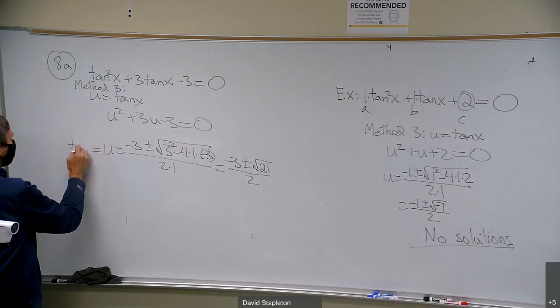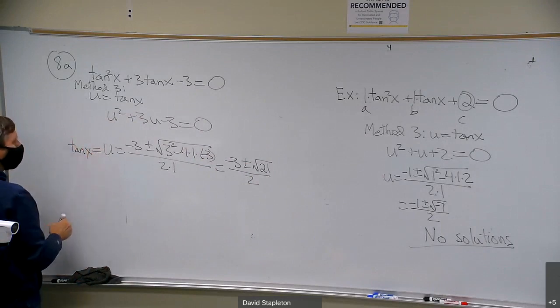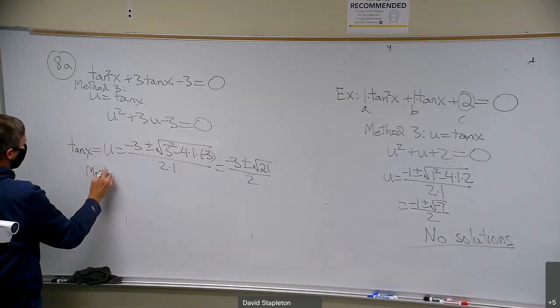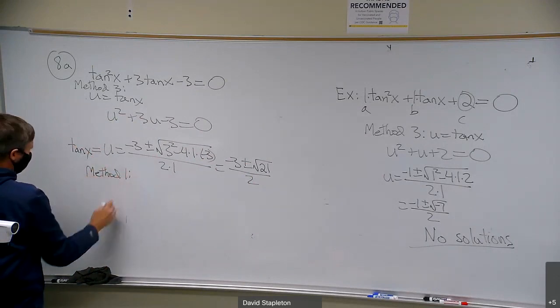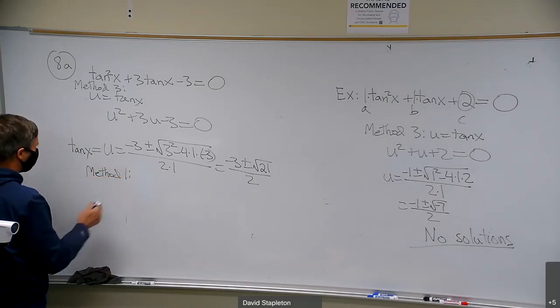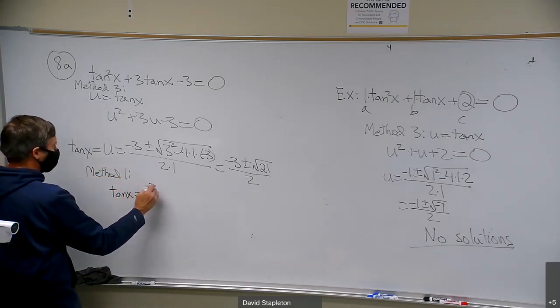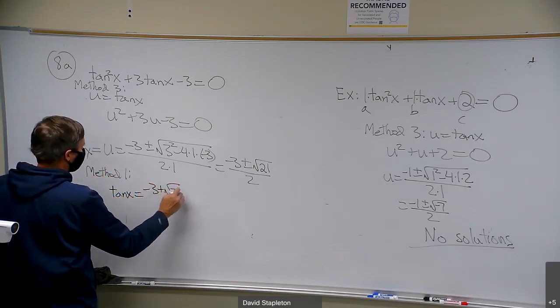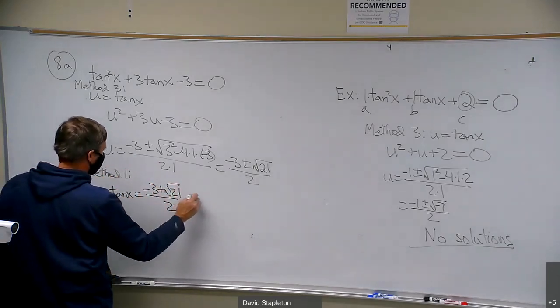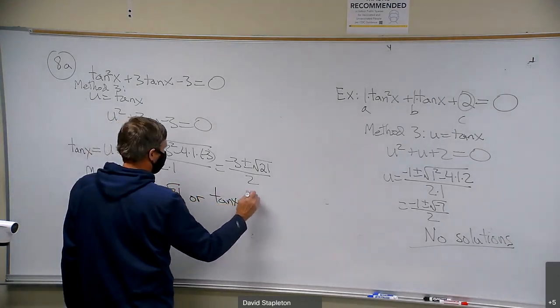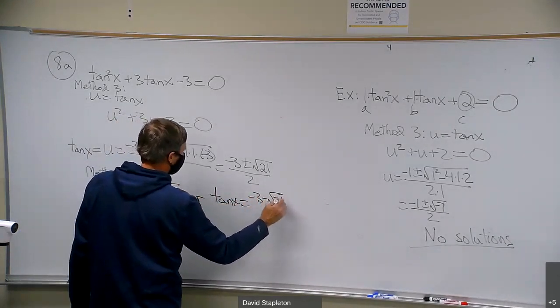Still a trig function equal to a number, right? Two different numbers. So it's actually method 1. You've got a trig function equal to a number. Tangent x can be the first number, minus 3 plus square root of 21 over 2, or it can be the second number, minus 3 minus square root of 21 over 2.